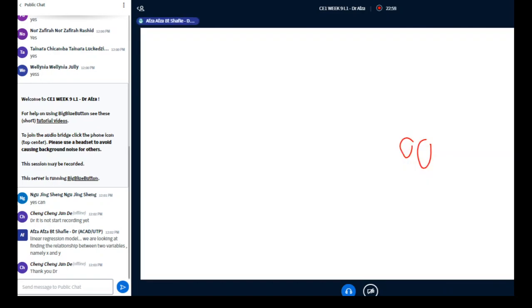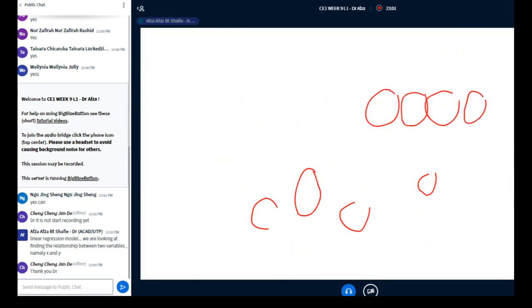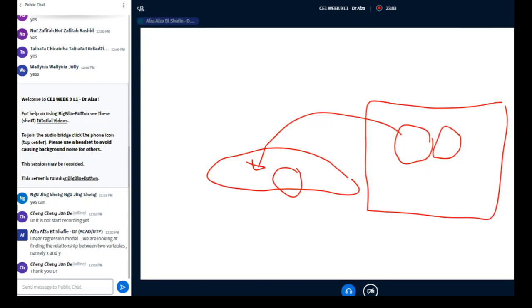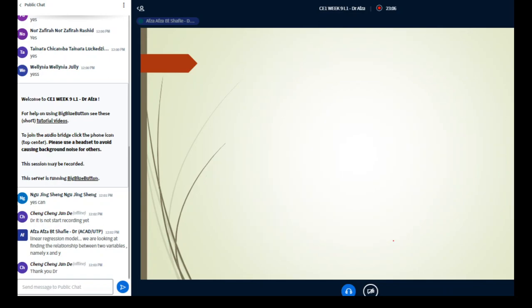Go back to the blank slide. The reason why we plot the scatter plot is this. First, your X and your Y. We want to see whether it is possible to have a linear relationship or not.